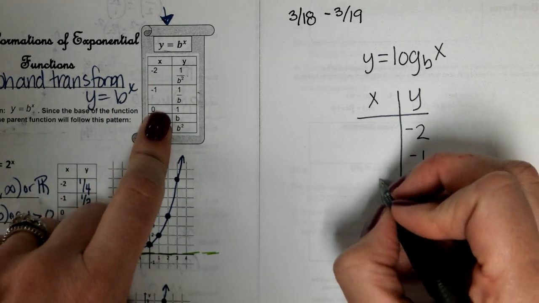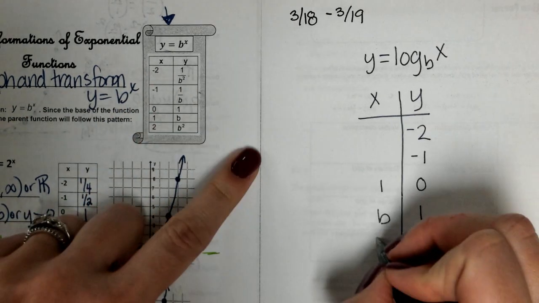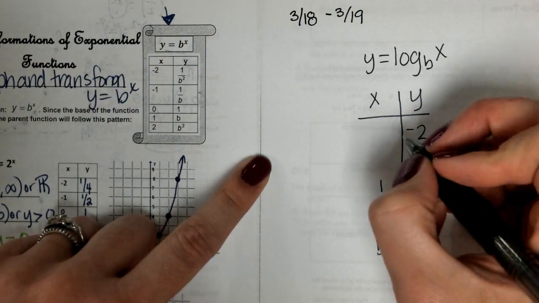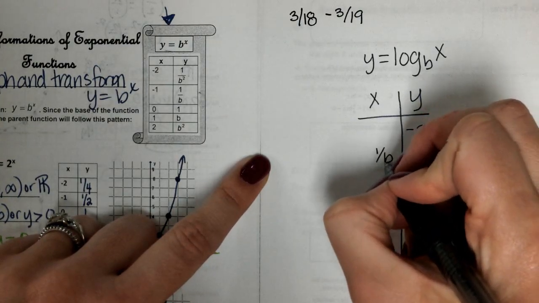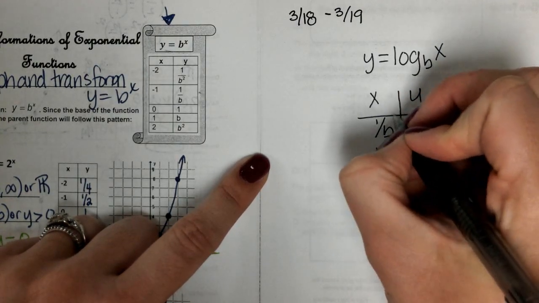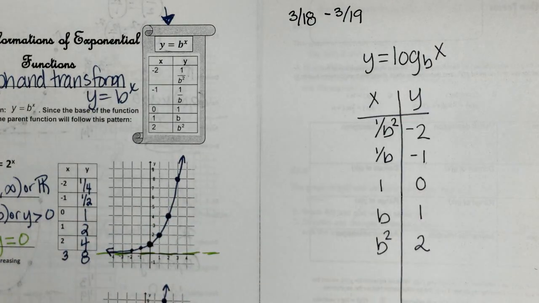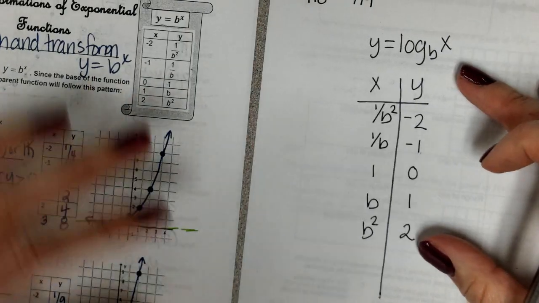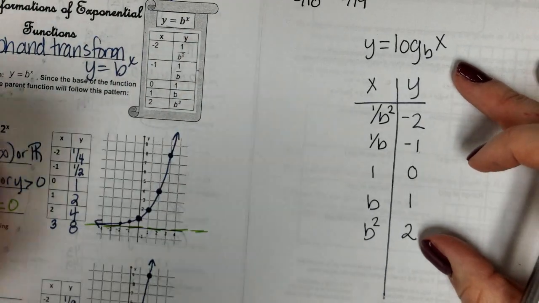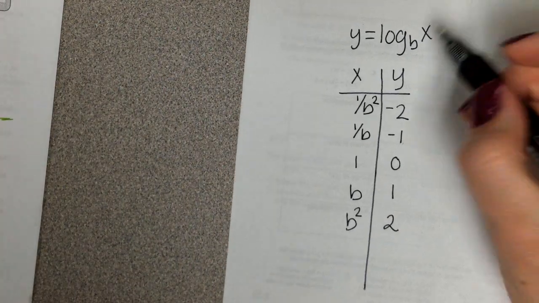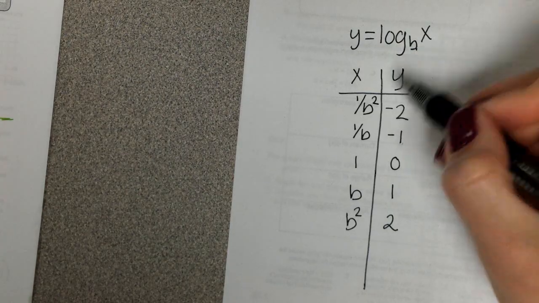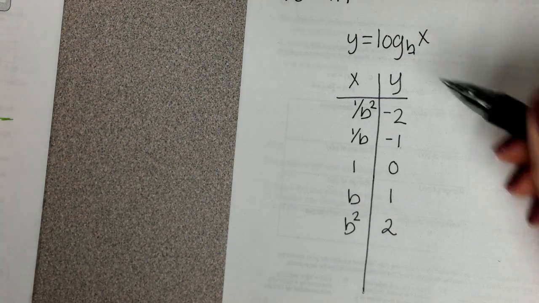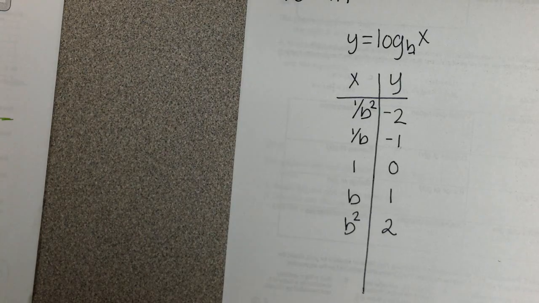So 1, b, b squared, 1 over b, 1 over b squared. This is just coming from the inverse of exponentials. And whatever our base is, we're just going to plug that in for b, whether that be 2 or 10 or whatever.